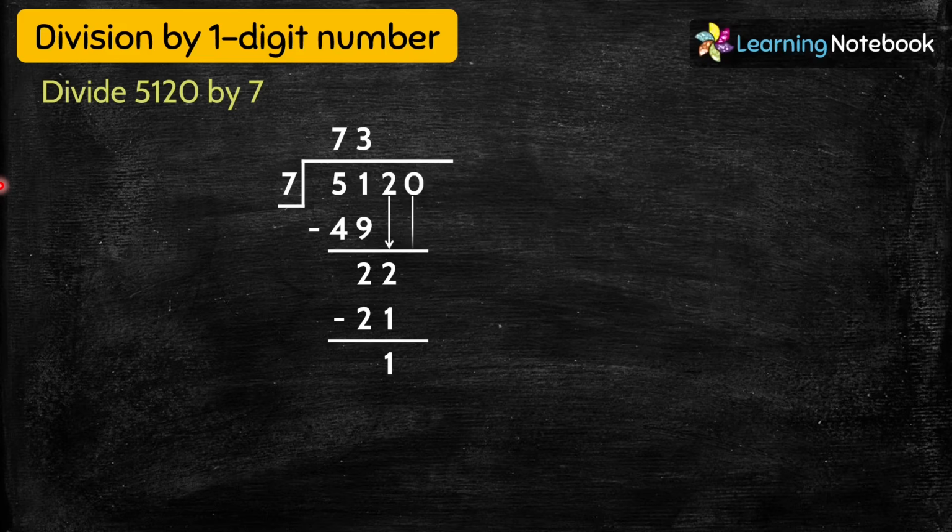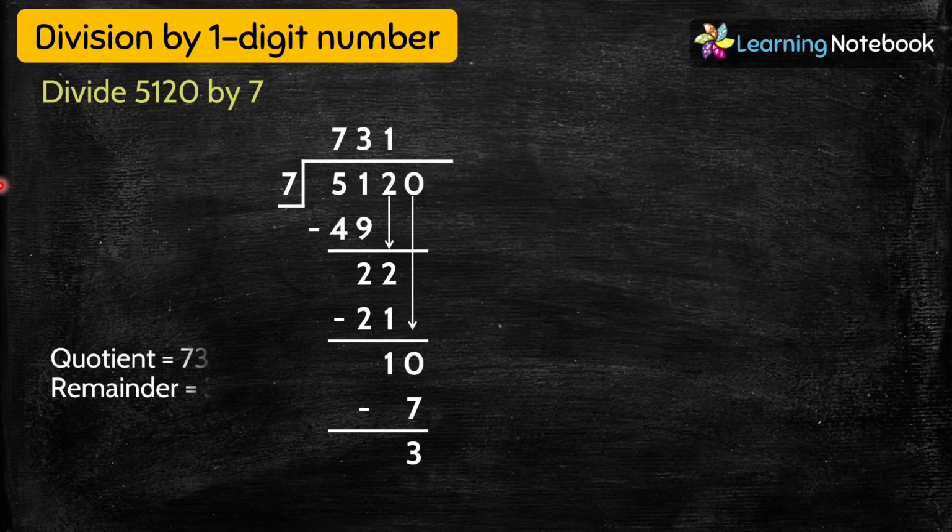Let's copy the last digit 0. So divide 10 by 7. 7 into 1 equals 7 and 10 minus 7 equals 3. So our quotient equals 731 and remainder equals 3.